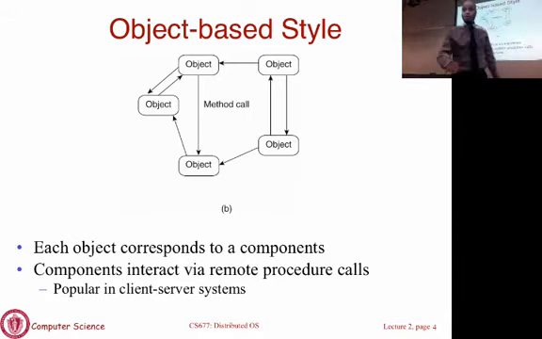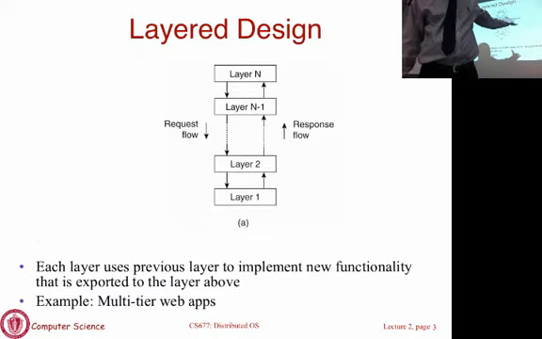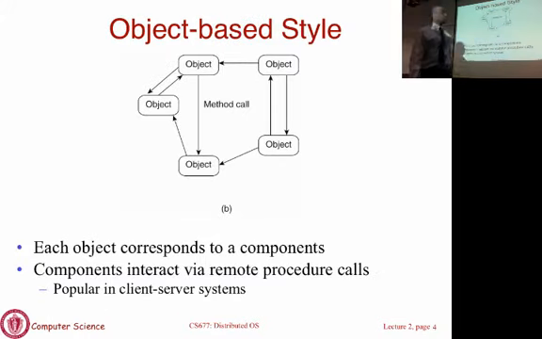And I should have mentioned that even in the previous case, these layers or tiers could also be on different machines. Okay? Because we are talking about distributed systems here. So the same is true here. So these are distributed objects. The objects could be spread across machines. The state of a single object could also be distributed across multiple machines. Okay? So you have objects making method calls on other objects where these objects reside on different machines.